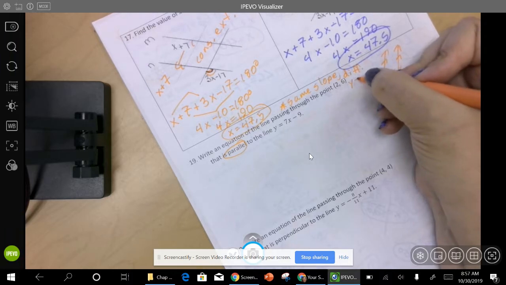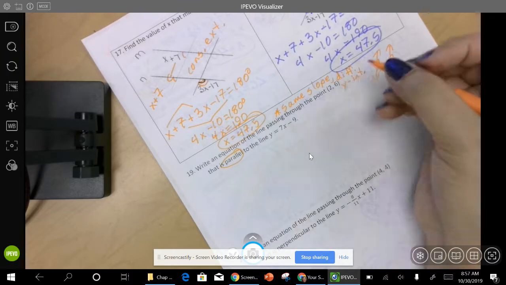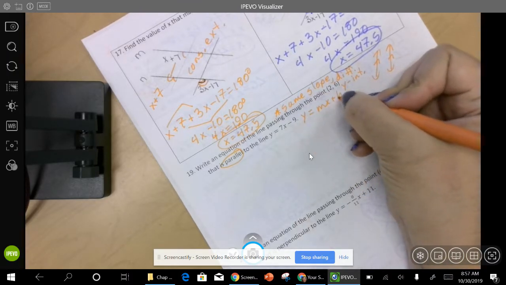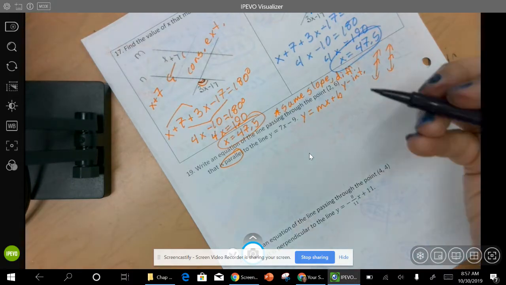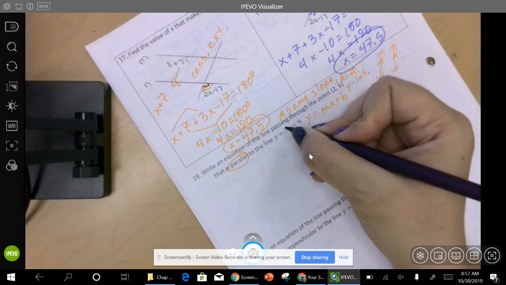Okay, so different y-intercepts. So remember it's y is equal to mx plus b. So we're going to do, remember, it's going to have the same slope.